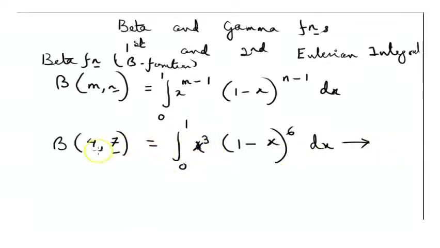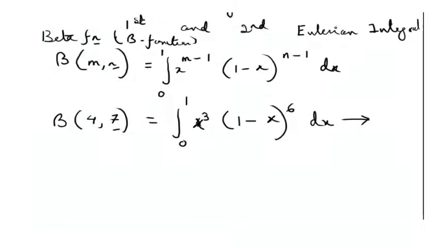But after learning the beta function, we will see how integration of this type becomes very easy, because they have some fixed values, and so they can be conveniently used. So this is the beta function. Beta mn is the integral from 0 to 1 of x to the power m minus 1, 1 minus x to the power n minus 1, where m and n are numbers.